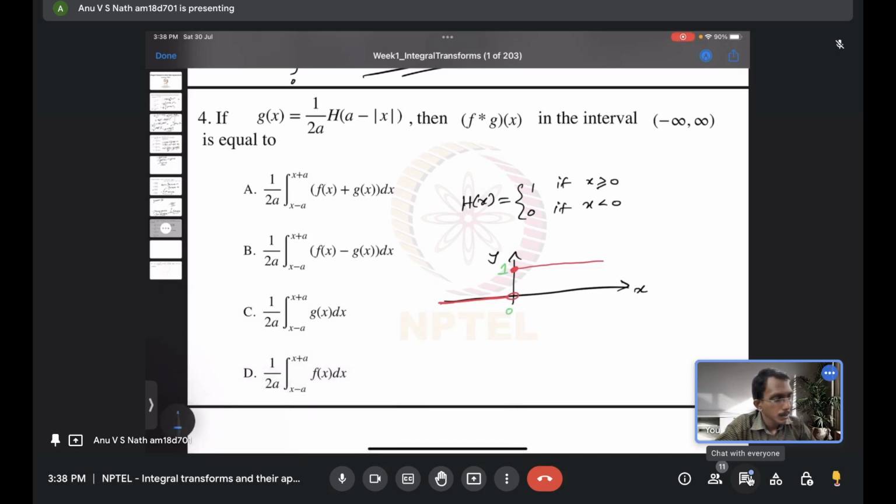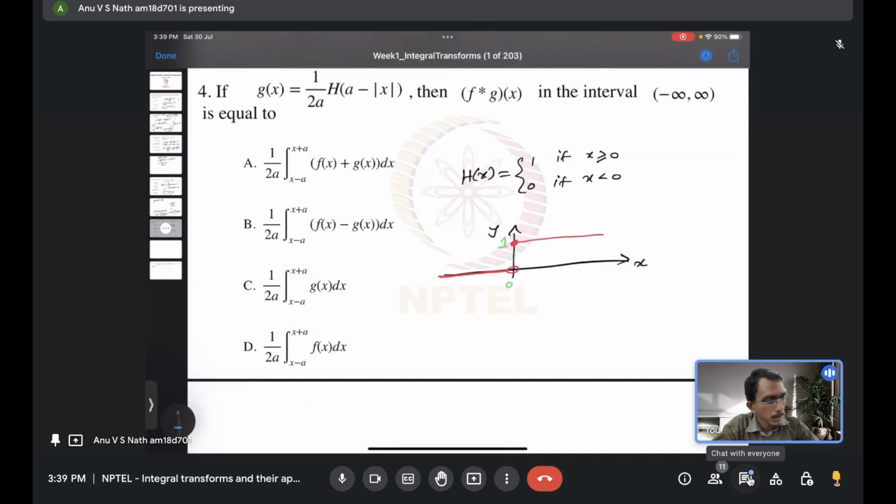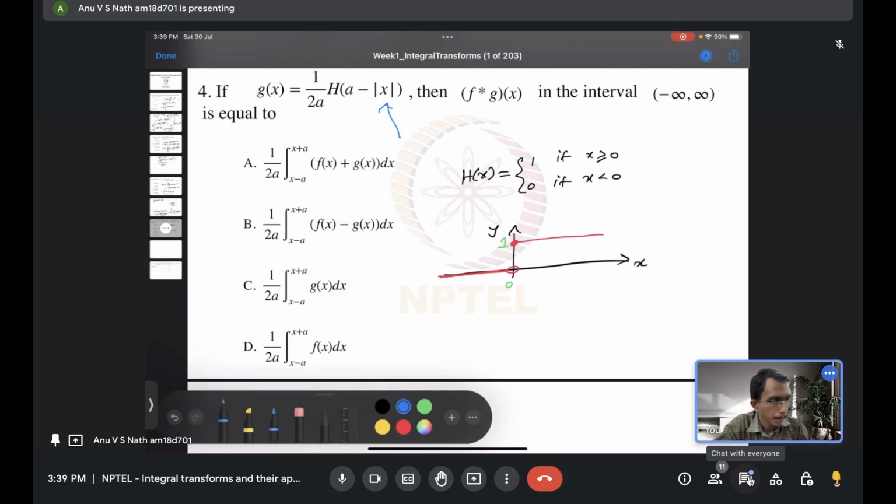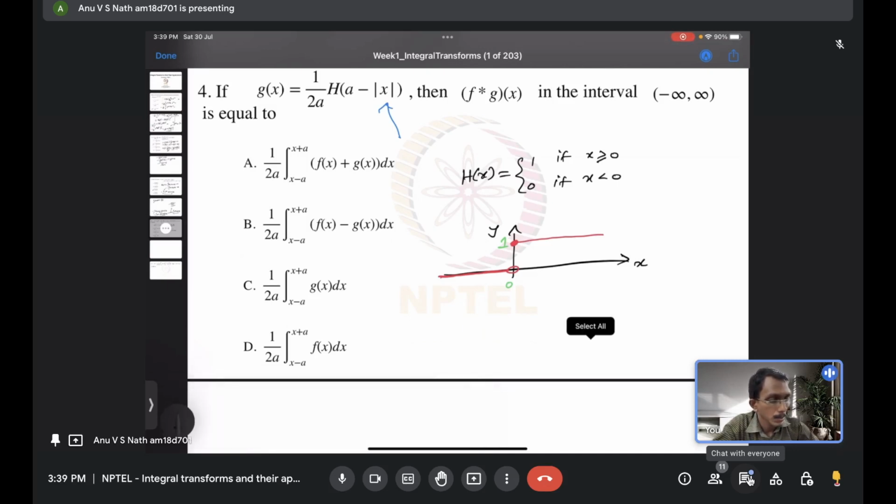Now also here mod x is there, right? So we want to see how the Heaviside of a minus mod x will look. We can write it like it's 1 if a minus mod x is greater than or equal to 0.